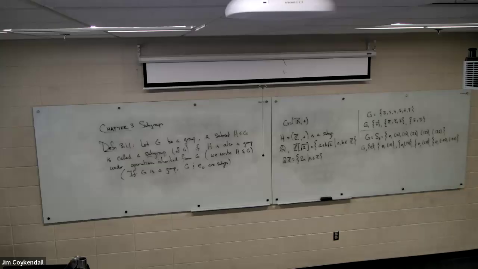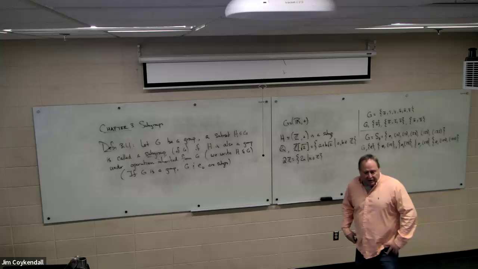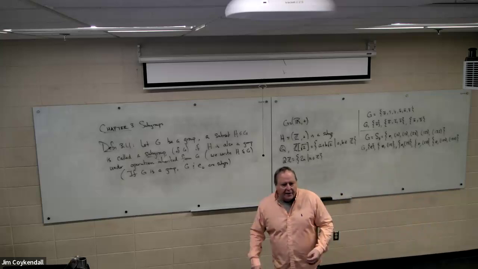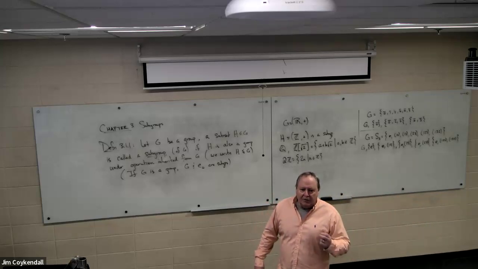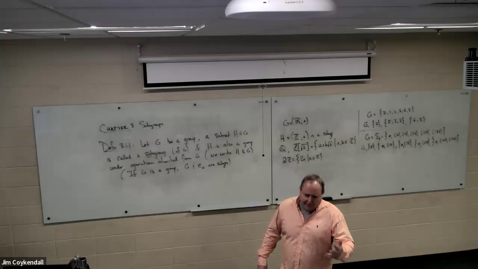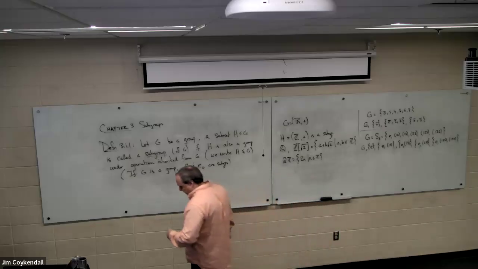What do those numbers have in common? That's right. They all divide the order of the group. This is not a coincidence. And this is something we will prove later. Any subgroup of a group must divide the order of the group if the parent group is finite order.